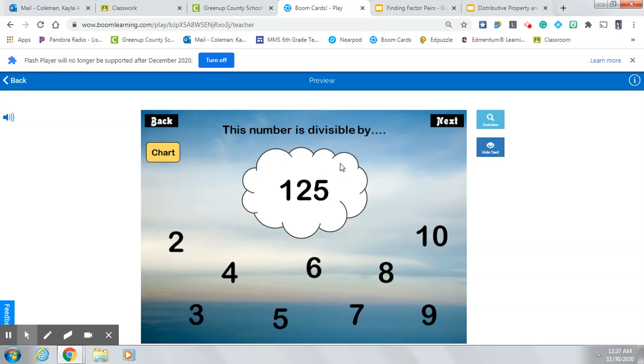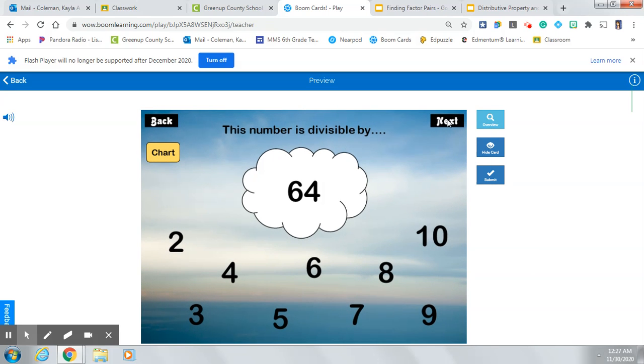It's not even. 5 will go into it because it ends in a 5. 6 will not go into it. 7. If you're not sure what the divisibility rule for 7 is, you can divide 125 by 7. If you have a remainder of 0, it is divisible. If you don't have a remainder of 0, it's not divisible. 7 will not go into 125. 8 will not go into it. It's not even. 9 will not go into it. And 10 will not go into it. So now I'm just going to go to the next.